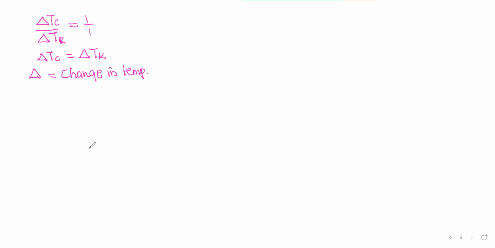A body was heated. Its initial temperature is maybe 20, room temperature, 25 degrees Celsius. And it was heated to a final temperature of 50 degrees Celsius. If we want to determine the change in temperature from the initial to the final, what is the change in temperature here? 25.